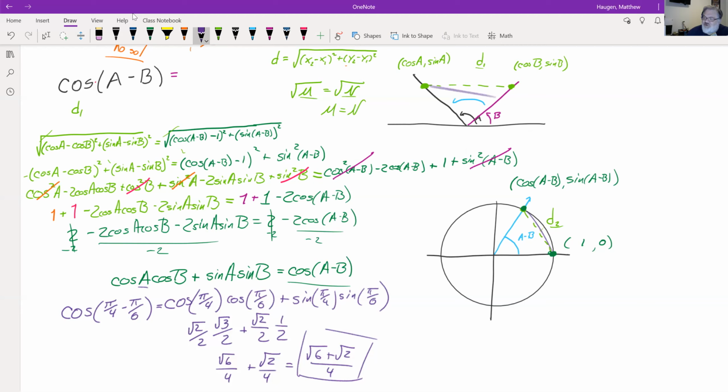We have to go through this whole process for all 6 other trig functions. Well, we also have to go through this process for cosine of a plus b, and then all the other trig functions. So it's not like we'd have 5 more, we'd have 11 more. But remember how I said this construction actually builds us 12 relationships?